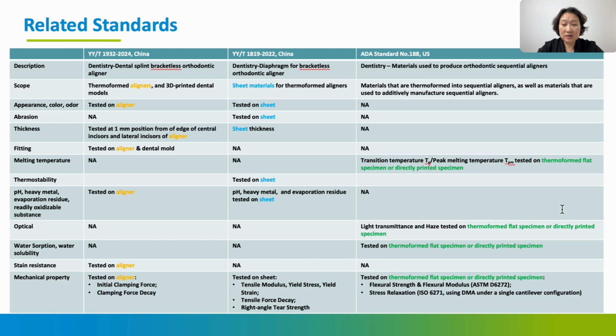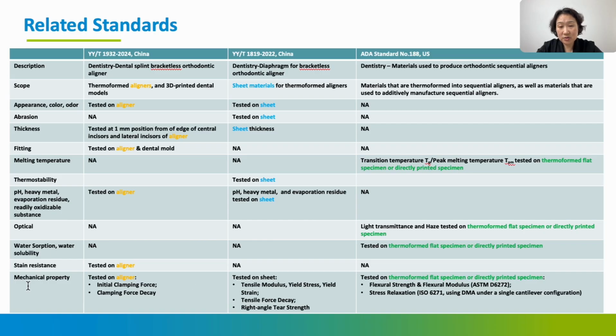The last column is American Dental Association standard. Testing is done on flat sample, but after thermoforming process. Again, this sheds some light to choose a proper material for different treatment purpose.